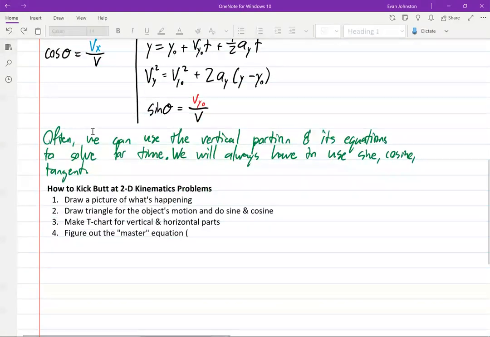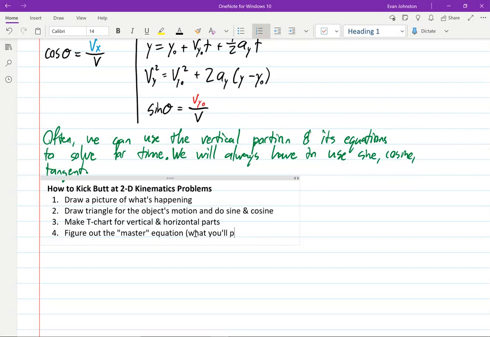So figure out the master equation. This is what you'll plug everything into in the end to finish the question. Step 5, find all variables for the master equation.